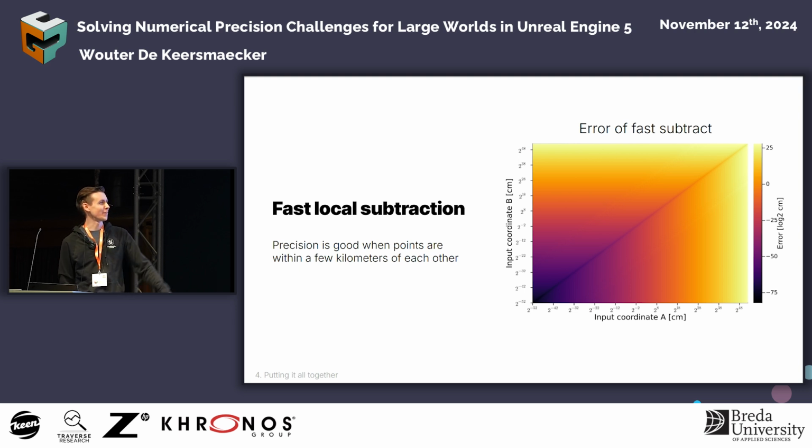The graph here on the right shows the absolute error that you're getting from performing a subtraction of 2 coordinates with this operator. If you're able to read the graph, then you will see that you can get errors on the order of 2 to the power of 25 if you scale up your input coordinates to great sizes.